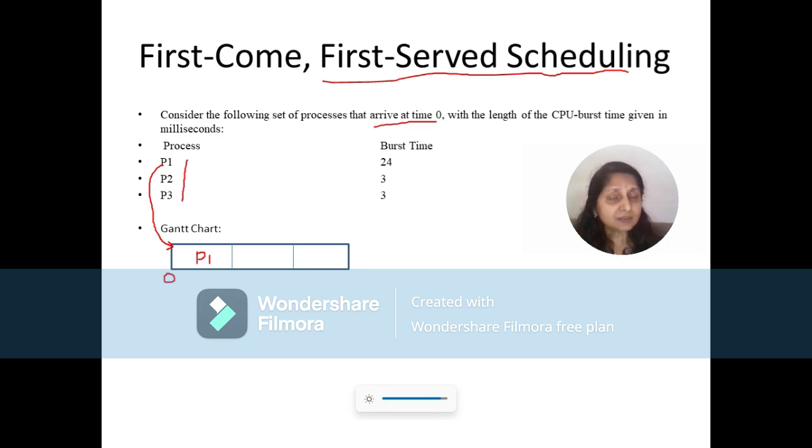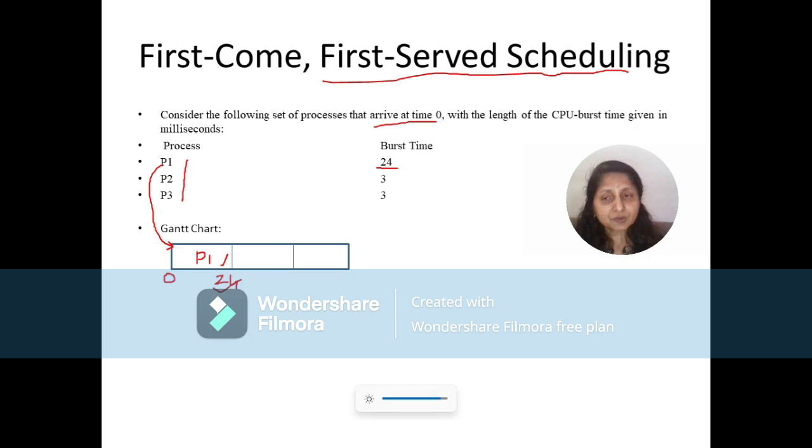What is the burst time of P1? 24. Since this is non-preemptive, till time 24, or 24 milliseconds, P1 is going to be inside the CPU and get executed. After 24 milliseconds, P1 will be completed.